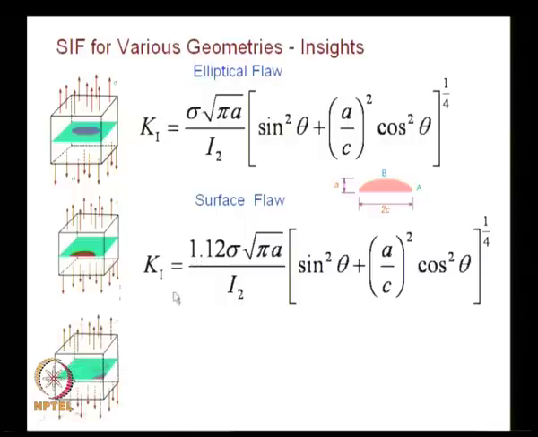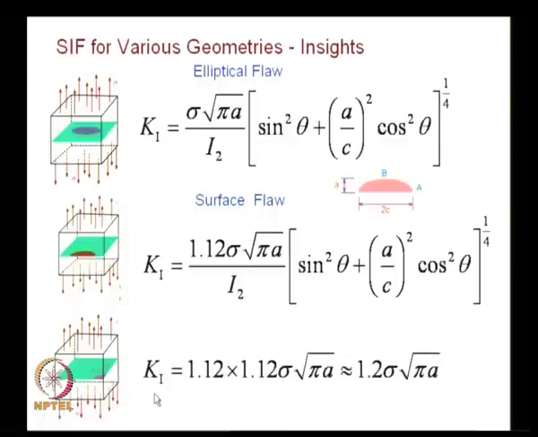And then we moved on to a corner crack, and for the corner crack we recognize you have a free surface on this side as well as another free surface, and we realize that K1 is much higher for this, and you have this simplified to 1.2 times sigma root pi a.